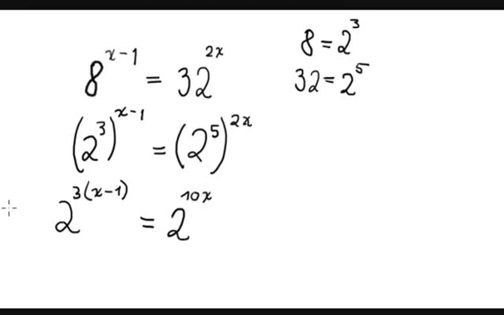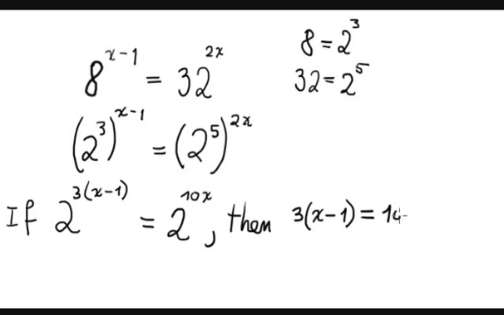Okay, one more time. If two exponentials are the same and the base is the same, the conclusion is 3 parentheses x minus 1 is equal to 10x. Okay, as always, elementary equation. Apply the distributive property to clear the parentheses. 3x minus 3 is equal to 10x.